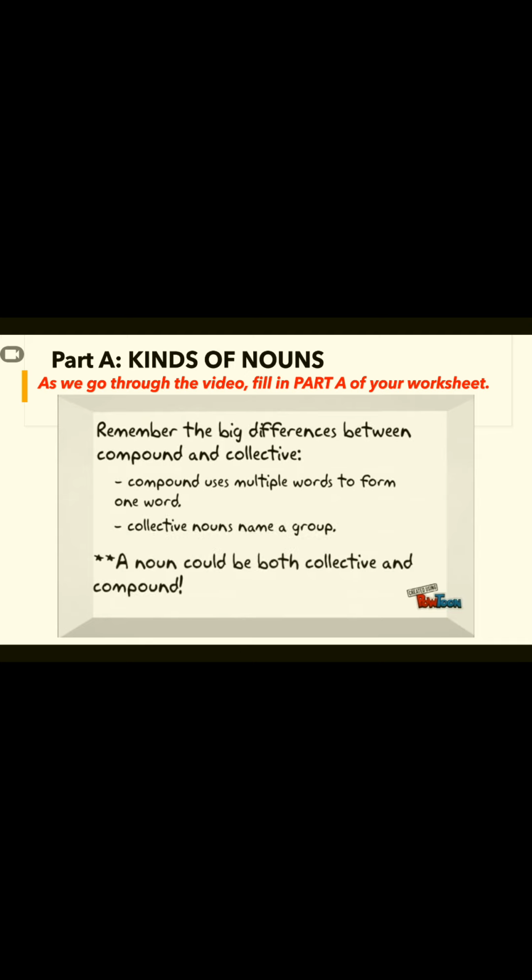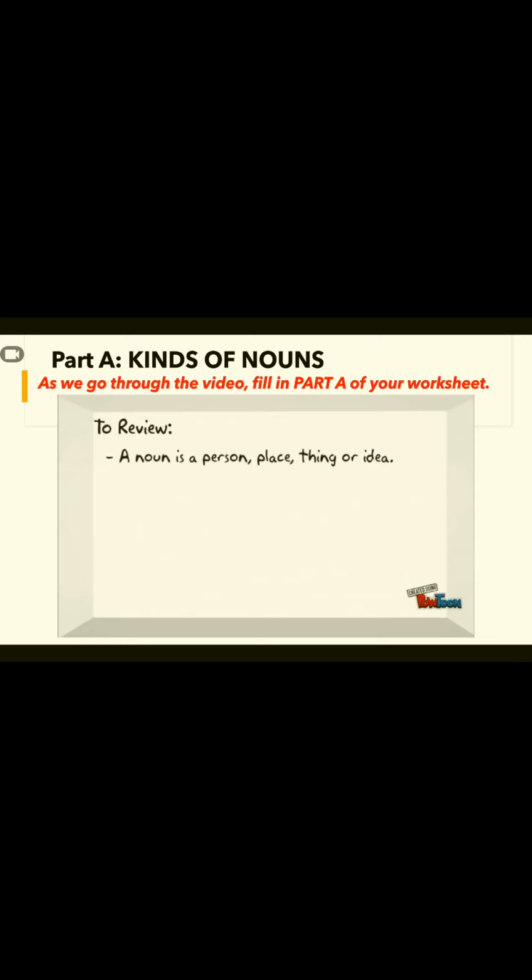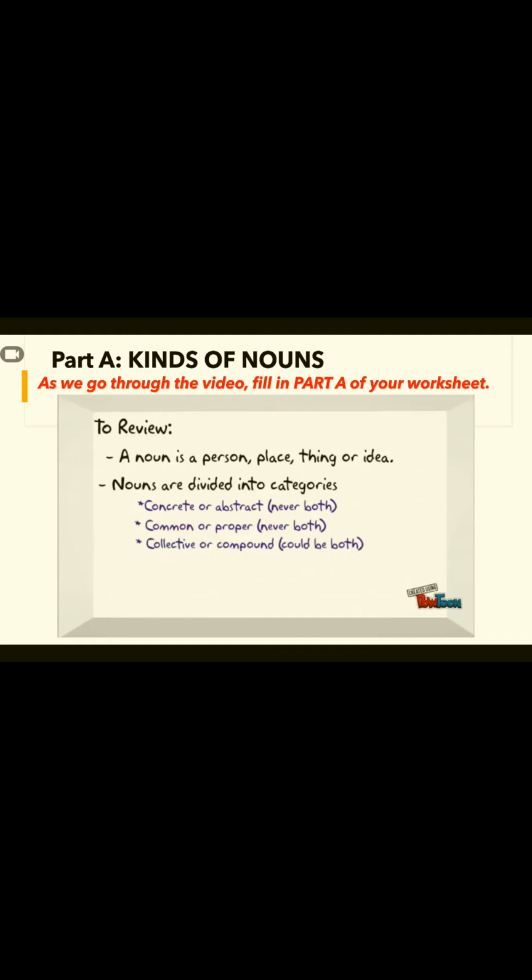Compound nouns use multiple words to form one word. Collective nouns name a group. So on your worksheet, let's fill these in: concrete, abstract, common, proper, collective, compound.